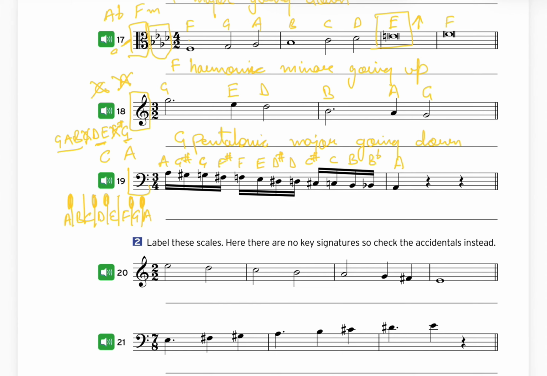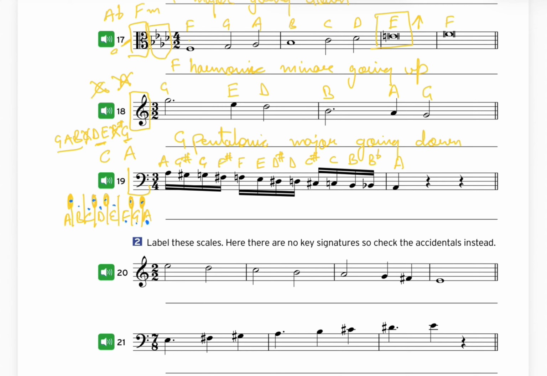Okay, so we start from, because this is going down in descending order, so we start from this A. Now from this A we go to G sharp, because we cannot call it A flat. Then we go to G natural, then F sharp, F natural, E natural, D sharp, D natural, C sharp, C natural, B, and then B flat. It is a chromatic scale.